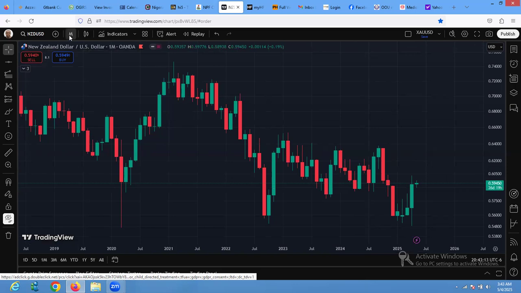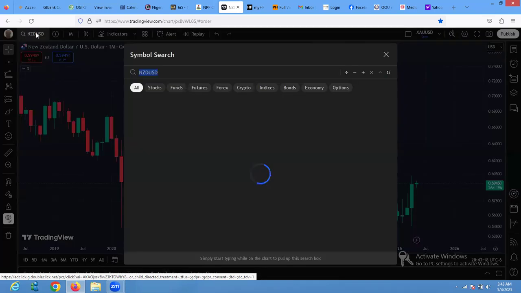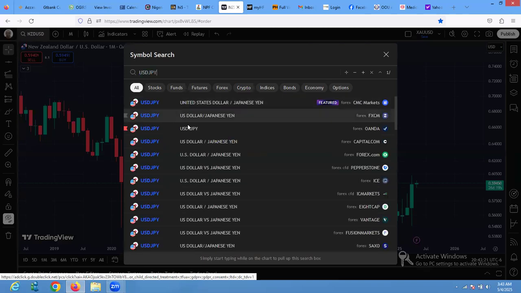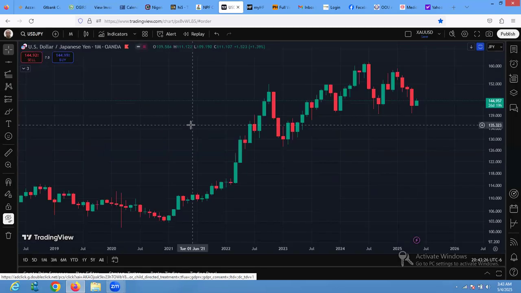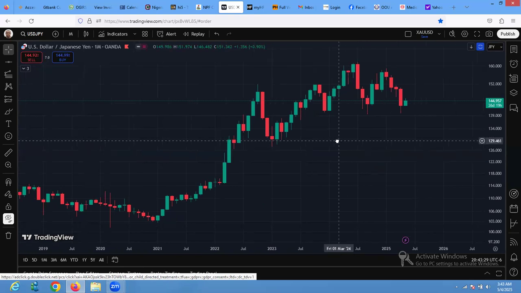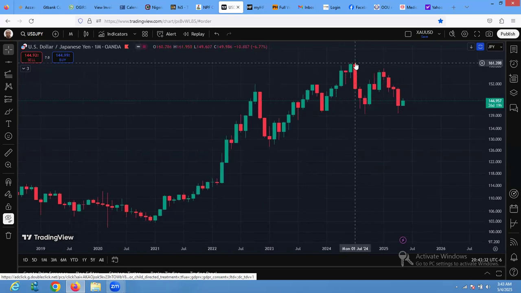Now, let's go to USDJPY, that's yen. What we can see on yen, because we had been following this, has been one heck of a correction.